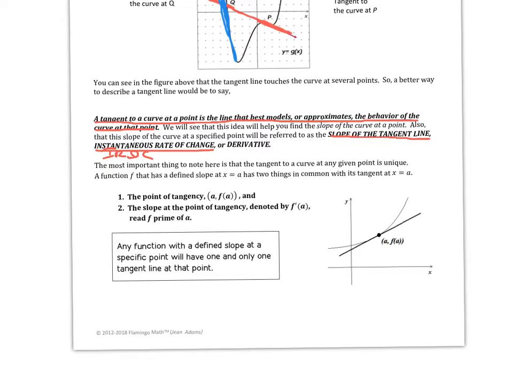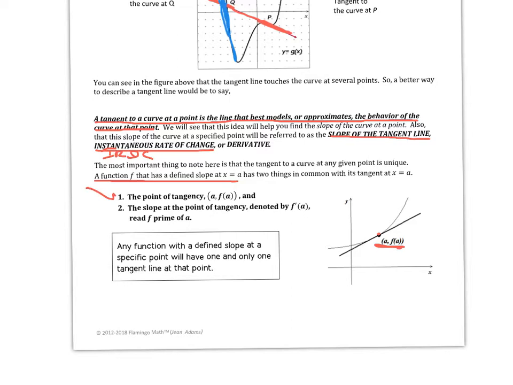So, an important thing to note here is that the tangent line at any given point is unique. A function f that has a defined slope at x equals a, okay, so we have a slope right here at a, has two things in common with its tangent at x equals a: the point of tangency, which is right here, and the slope at the point of tangency.